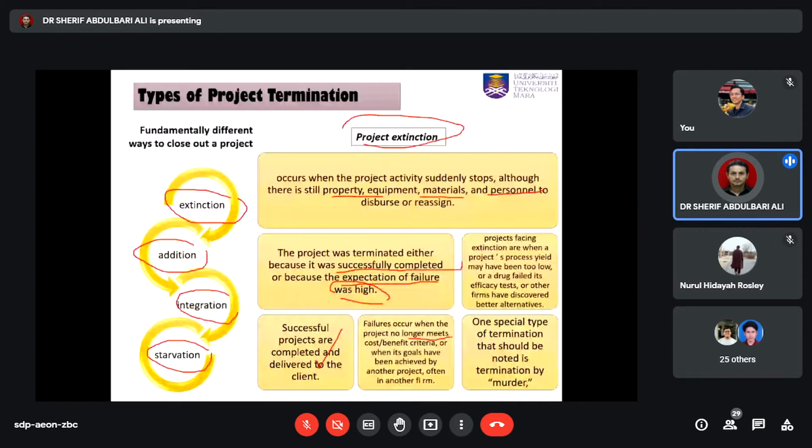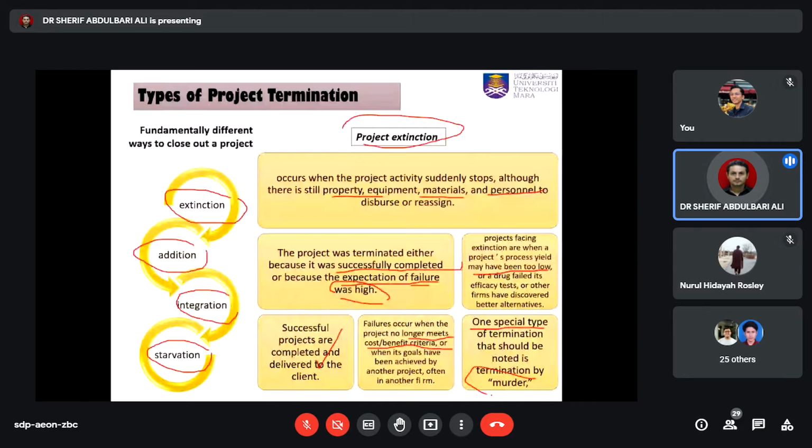So top management start to see that there are no benefits coming back from these projects. So this is the expectation of failure. So the project is going to face extinction, or when the project's process yield may have been too low. And also one special type of termination could be called murder.